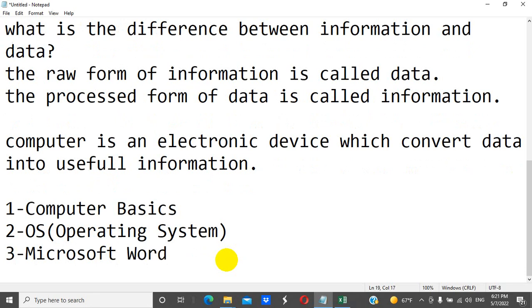In Microsoft Word we will learn how to create documents in our computer. Microsoft Word is used to design and print documents.